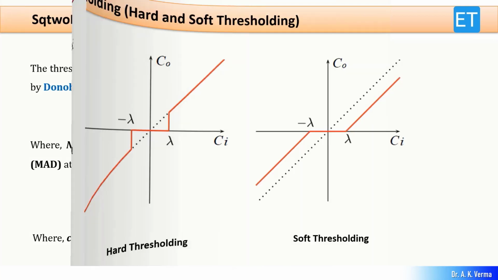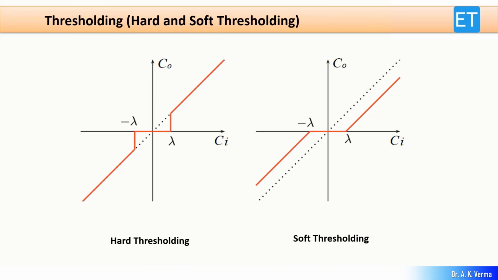And these are actually the thresholding methods, that is, how the wavelet coefficients are shrunk. We have two major types, hard and soft thresholding. In hard thresholding, you can see from this figure that all input wavelet coefficients Ci lying in the range minus lambda to plus lambda are neglected, zeroed out, while the coefficients beyond plus or minus lambda are taken as they are.